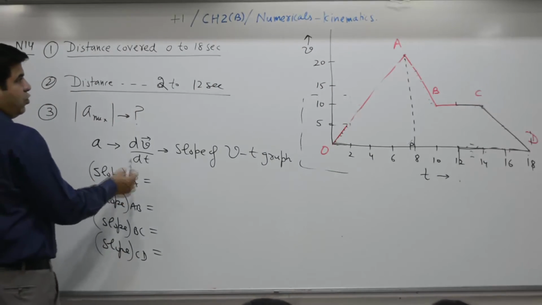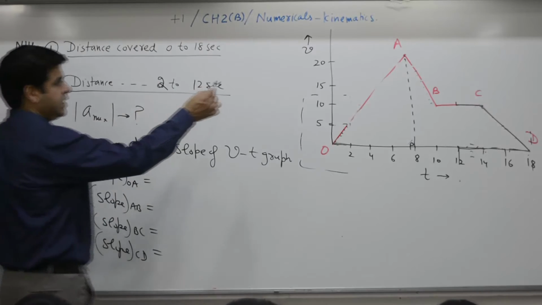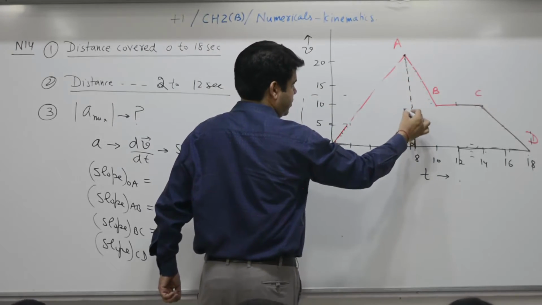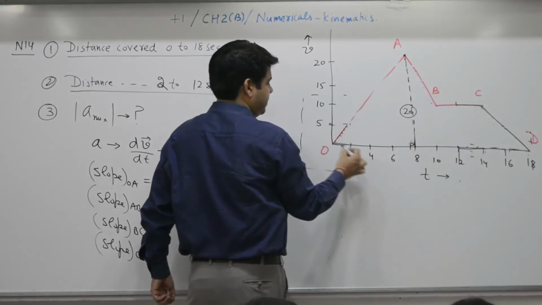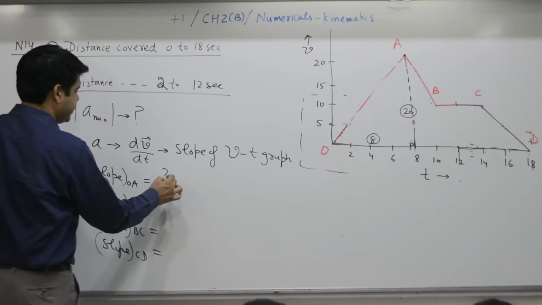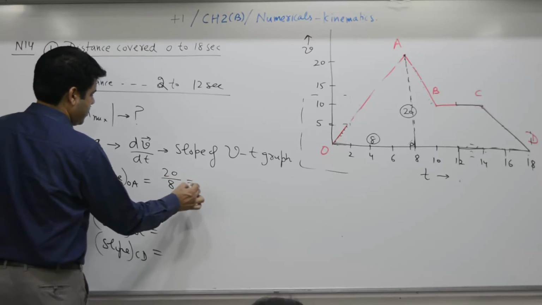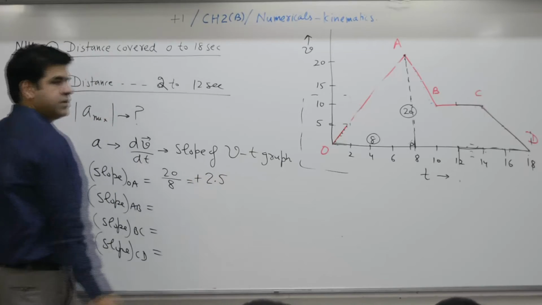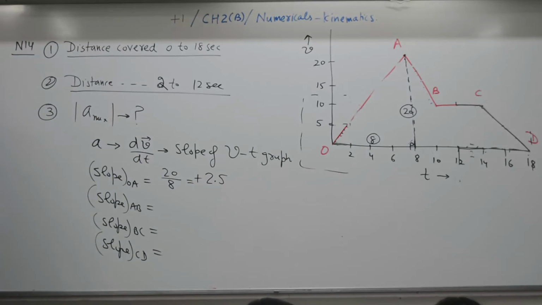Magnitude, slope O to A, increase in velocity, final velocity 20, initial velocity 0, 20 change in velocity. How much time? 8 seconds. So 20 by 8. How much? 2.5 plus. Why plus? Positive value of acceleration means that the velocity is increasing.